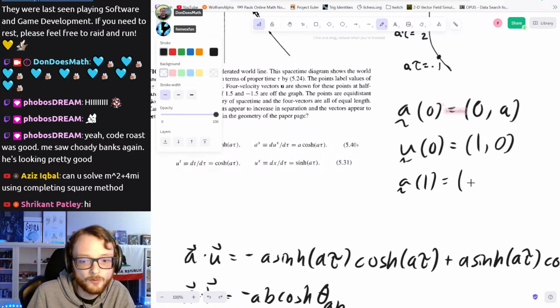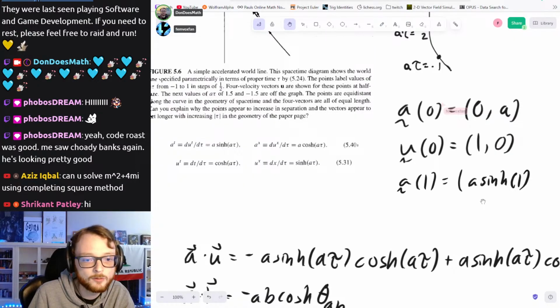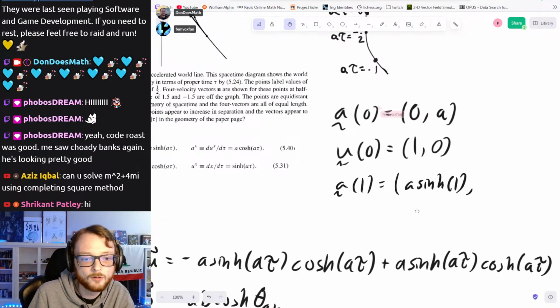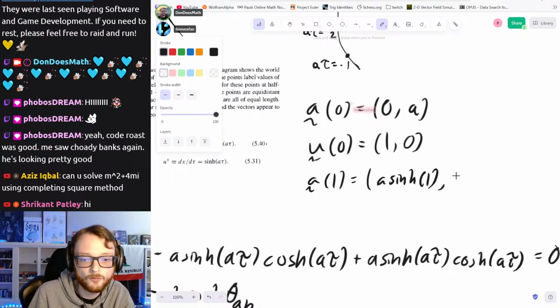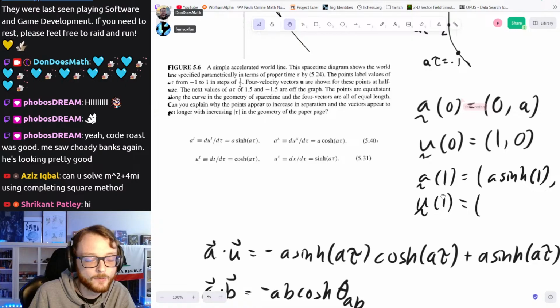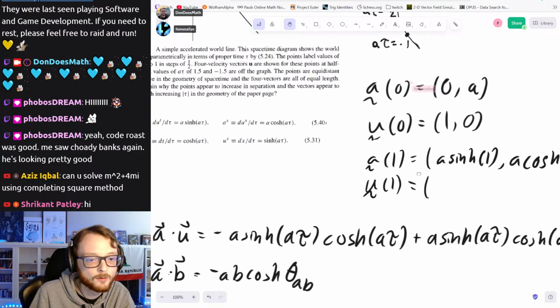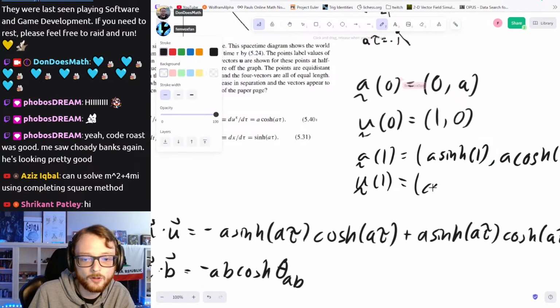So acceleration is A sinh 1. I guess A cosh 1. And then U of 1 is cosh 1.